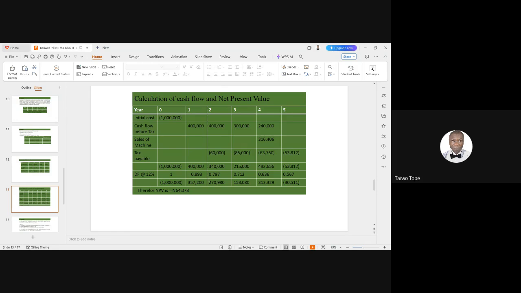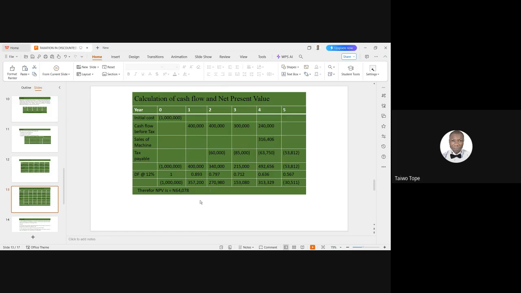And in year four, you have 492,656 multiplied by 0.636, you have 313,329. And in year five, you have negative 3,812 multiplied by 0.567, you have 3,511 negative.